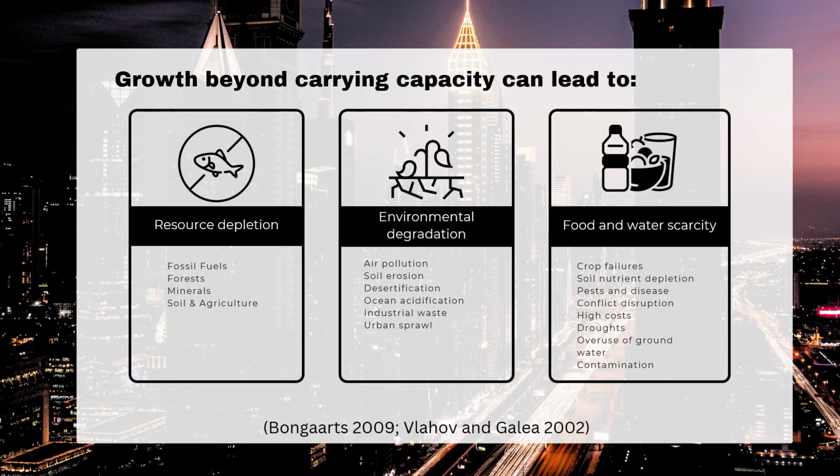As populations grow, demand increases for fossil fuels, forests, minerals, fertile soil, and agricultural land. Over time, this overuse reduces the availability of these resources and often makes them more expensive or difficult to access. If resources are not managed sustainably, they can become exhausted or permanently damaged.